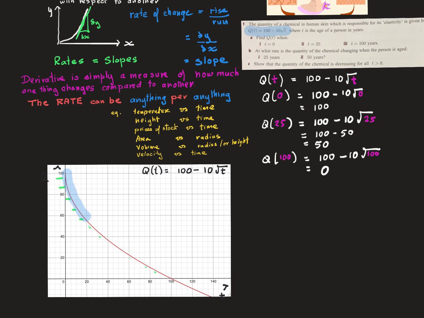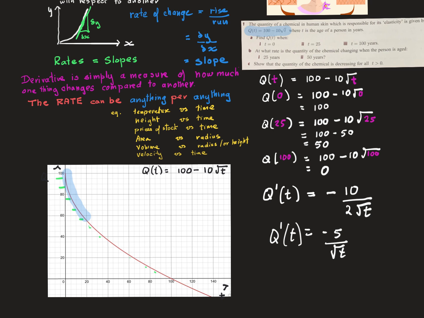Okay, so now let's look at it mathematically. We need to differentiate that function with respect to time. The 100 is going to disappear and we're left with minus 10 over 2 root t, which is minus 5 over root t. So our Q dash is this.